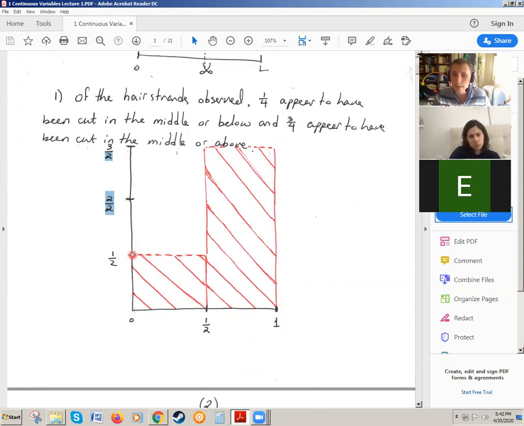And then you can draw this bar chart, this histogram, where the area of the bar is equal to the probability of that event happening, which we estimate as, in this case, 1/4, right? Because we have a pretty big sample of hairs that were cut, and you see that 1/4 of all the haircuts happen to be at this mark. So that means that the height of this bar is 1/2, and its width is 1/2, to make the area equal to 1/4.